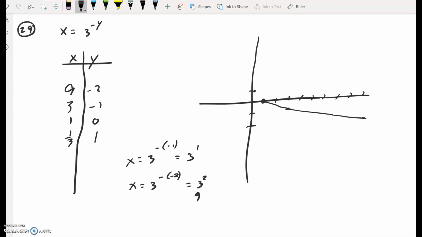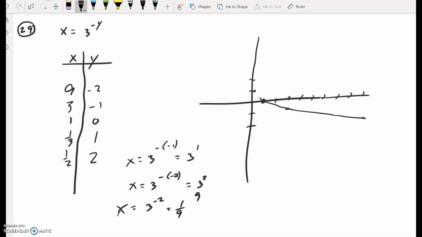Well, I don't know. Let's try y equals 2 and find out when y equals 2 what x is. So we get x equals 3 to the negative 2. That's 1/9. It's 1/3 squared. So when x is 1/9, we're at 2. And so on and so forth.